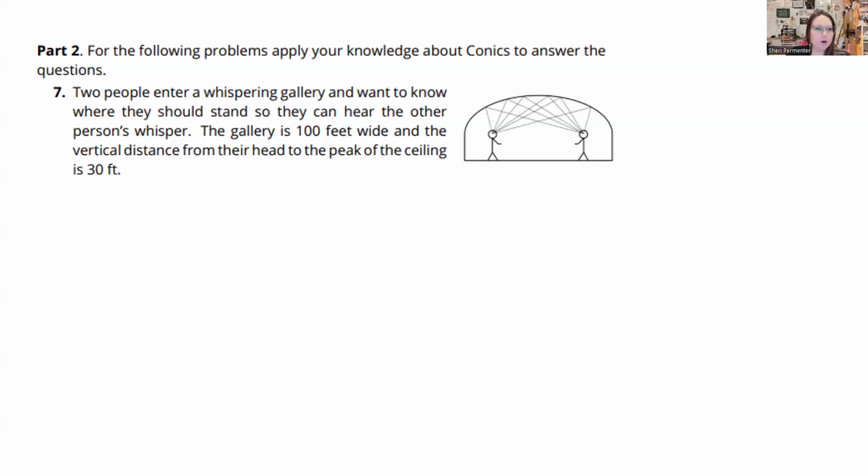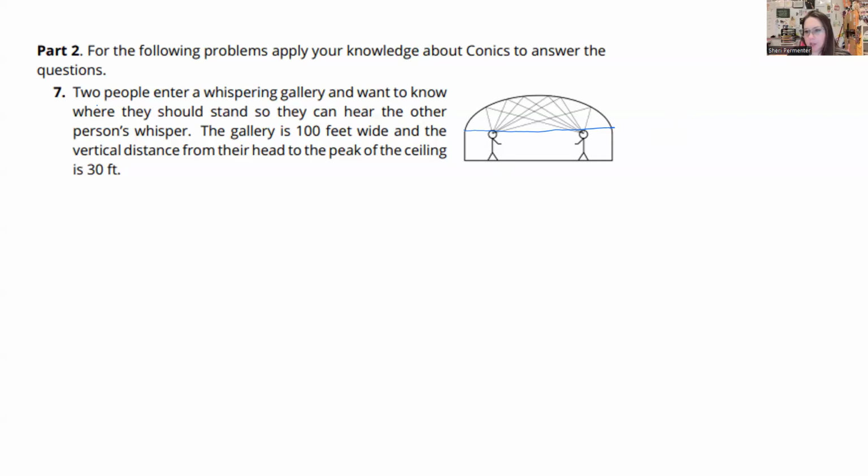So I'm more concerned looking at the actual ellipse part of this. So the top half of this, if we cut it right there, this creates an ellipse, the top piece.